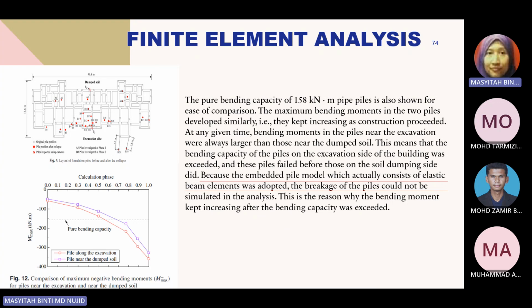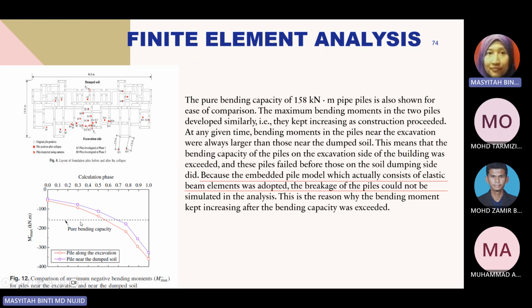Okay, the next thing about the simulations from the activities of this collapsed building, the pure bending capacity of 158 kilonewton meter for the piles is also shown for ease of comparison dekat bahagian bawah ni.